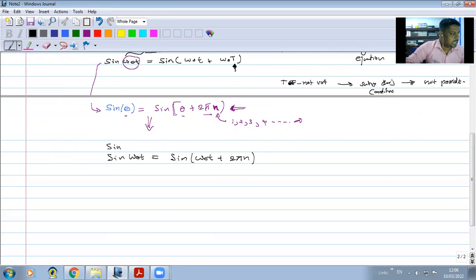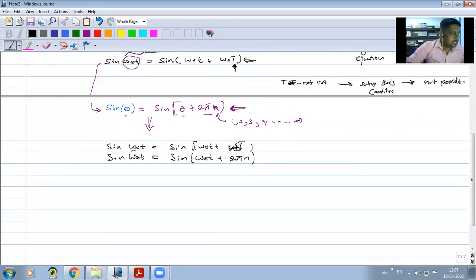Our original expression, that is sine omega naught t, because we get this as omega naught. Okay, so if you compare these two, this should be capital T, I'm sorry. This is our original value, no?